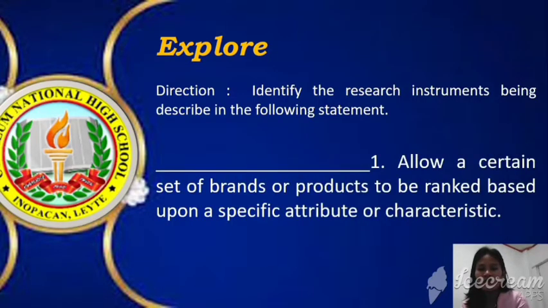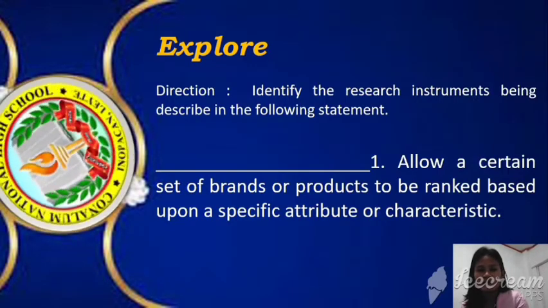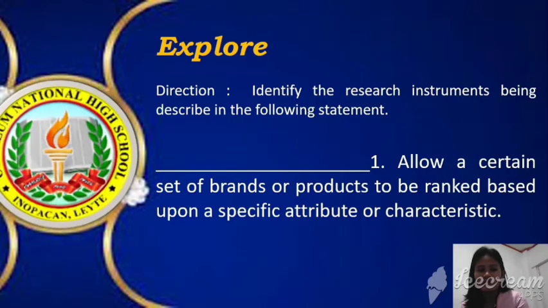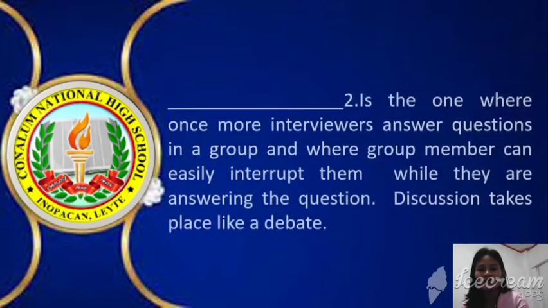Statement number 1. Allow a certain set of brands or products to be ranked based upon a specific attribute or characteristic. Okay, it stops. So what is the correct answer? It's rank order scale. Number 2.